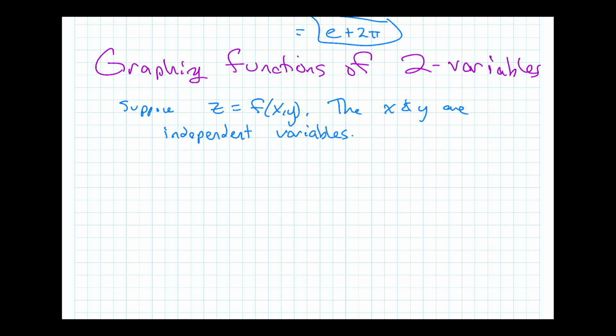The z is a dependent variable, because in order to know what z is, you have to calculate it from the x and the y, right? So x and y are chosen freely, but the z has to be calculated from the x and the y. So the z is the dependent variable.